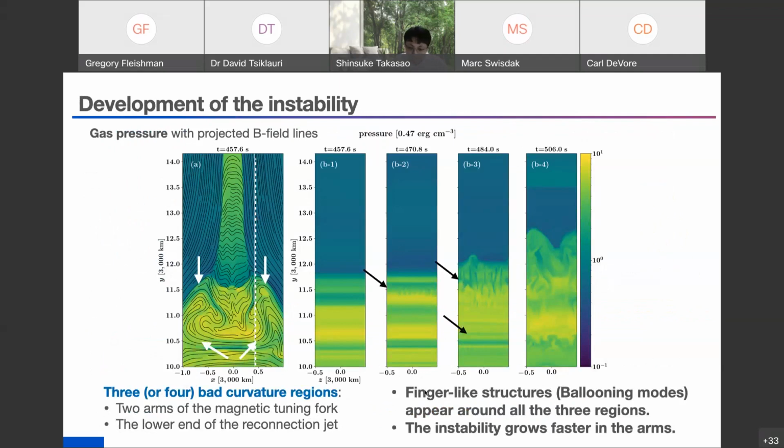So we indeed find the finger-like structures appear around the bad curvature regions in the ALT regions. And another important point is that the instability grows faster in the arms than in the region here.